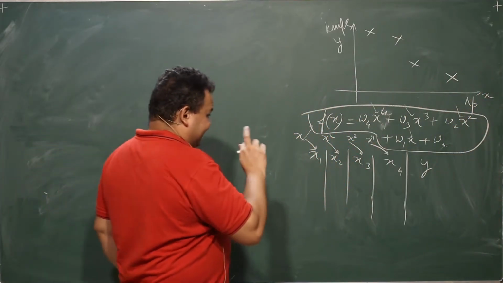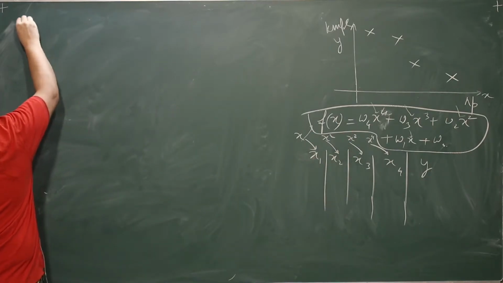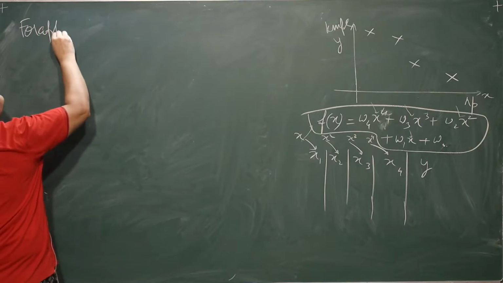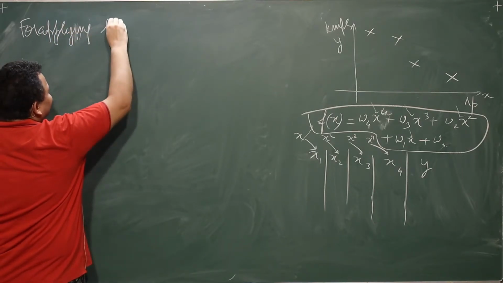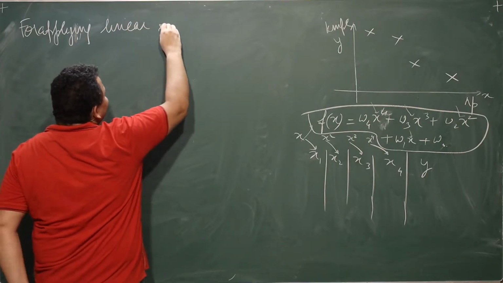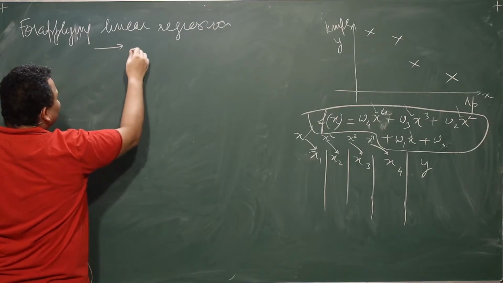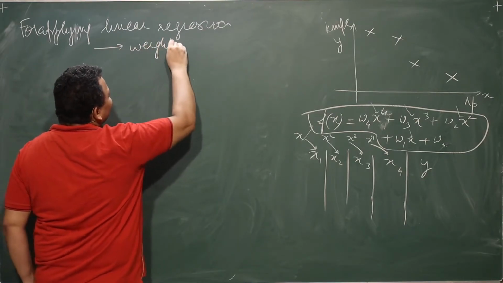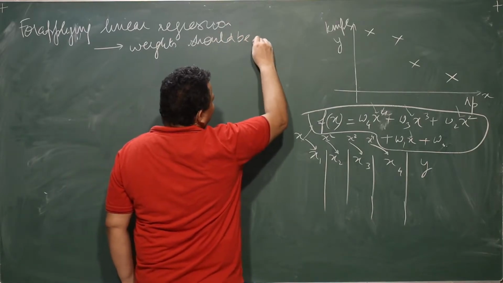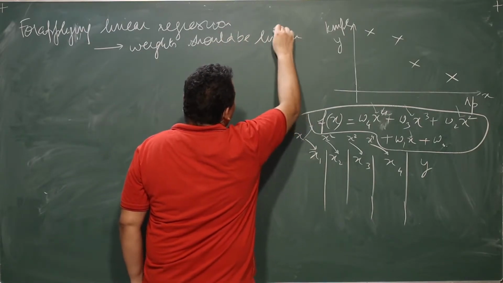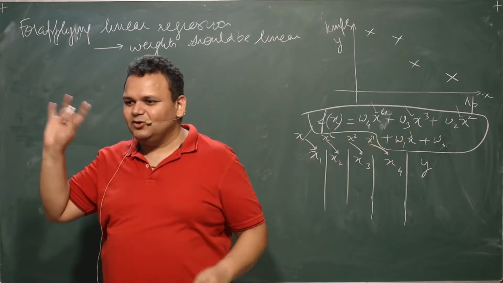The only thing that you require for applying linear regression is that your weights should be linear. The power of the weights should be only 1. That is the only requirement.